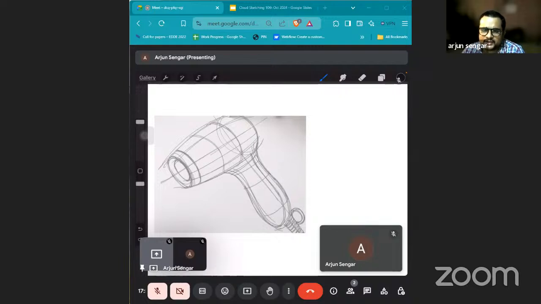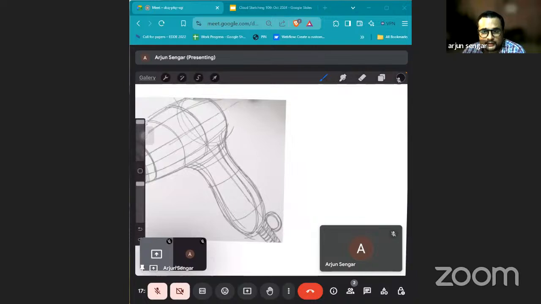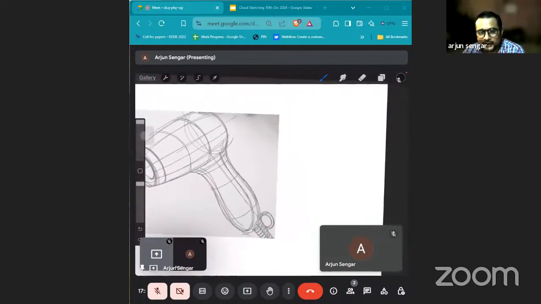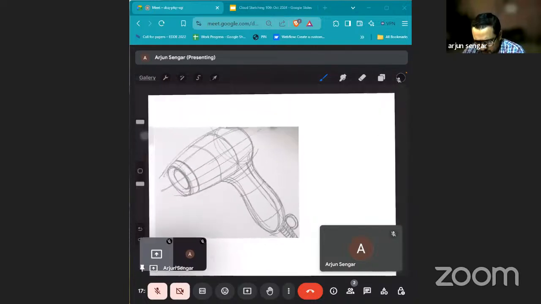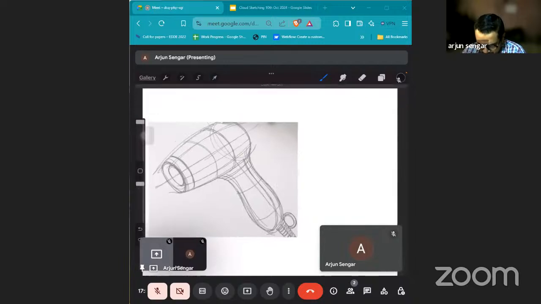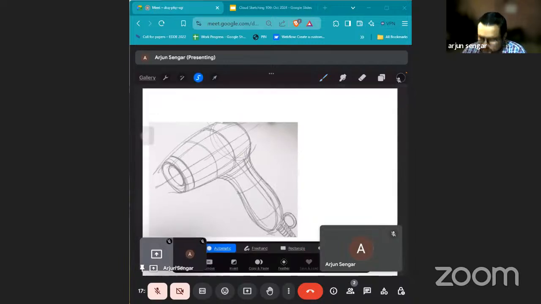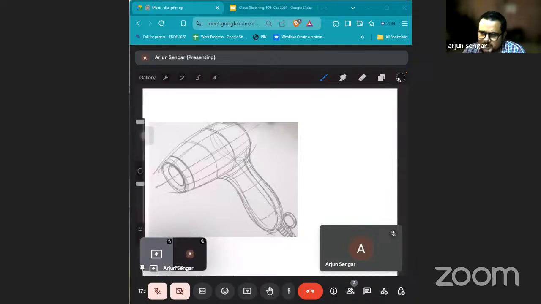In this case, I consider either you don't know or are fearful of expressing, which at this stage we should not be. So I will start. Suppose this is the image in front of us, and we have to develop something which is similar to this, or an exact replica of this. How will we begin?